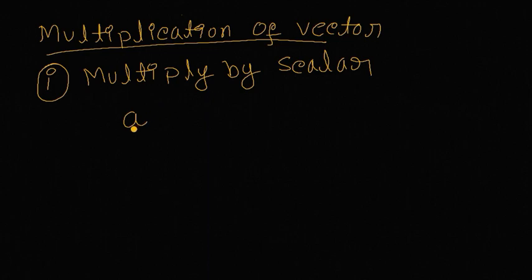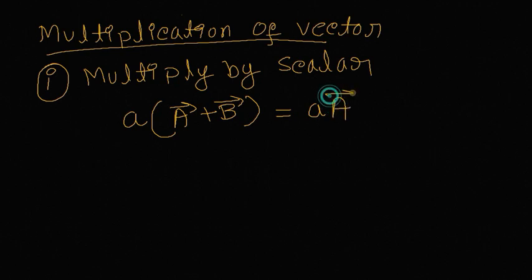Like if we multiply by a scalar a with the vector addition A vector plus B vector, then the result becomes a times A vector plus a times B vector.